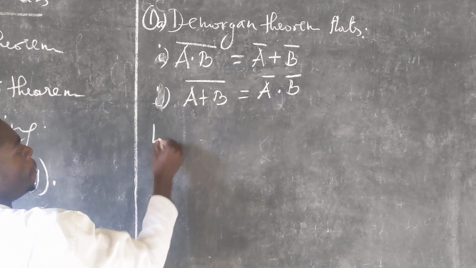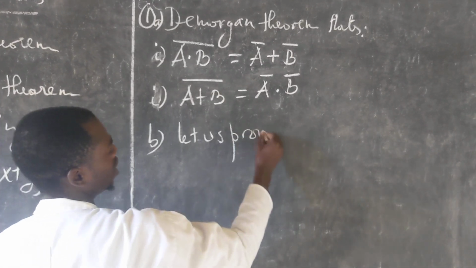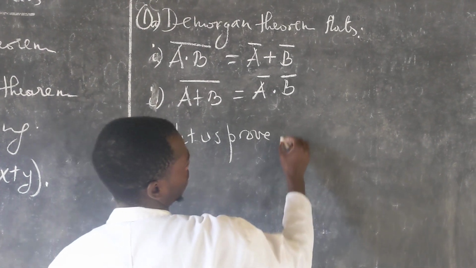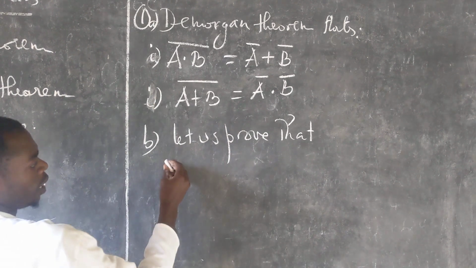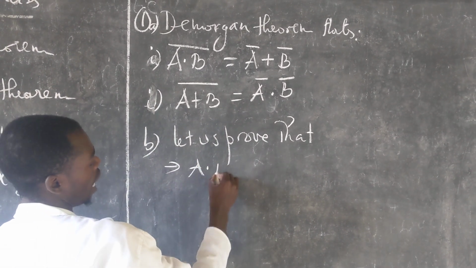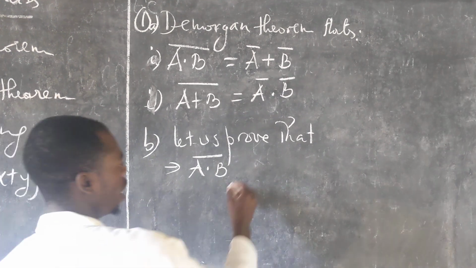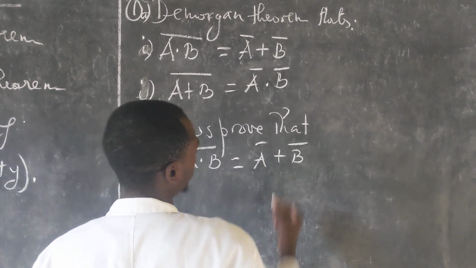So then B, let us prove that we can start from here: A and B, whether it is equivalent to A negation plus B negation.